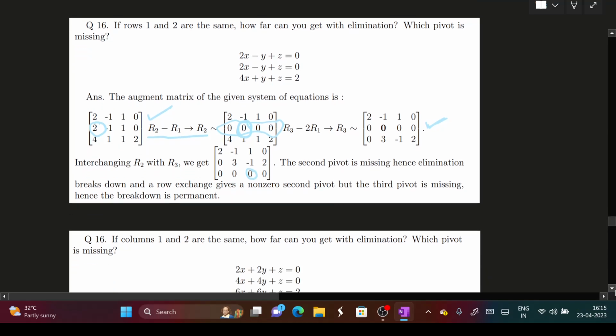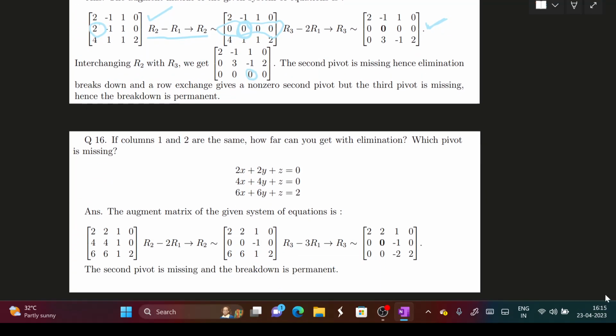Similarly, observe here in the same question, another set of equations is given. 2x plus 2y plus z is equal to 0. So here what happens? The first and second columns are the same. So the augmented matrix of the system of equations is written like this. After having this elementary row operation, what are we getting? 4, they are having here 0, 0.